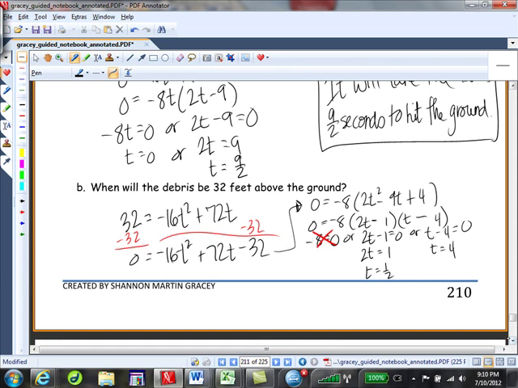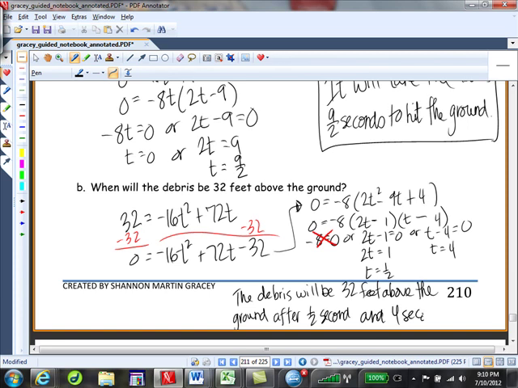So, to answer our question, the debris will be 32 feet above the ground after a half a second and 4 seconds, because it goes in a parabolic arc.